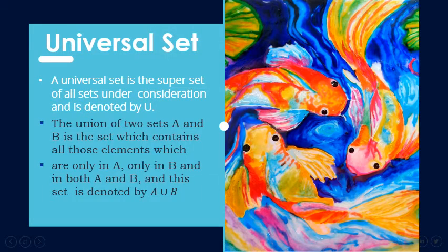Next one, kaya nga natin mabalaan is the universal set. A universal set is a set of sets under consideration and is denoted by U. The union of two sets A and B is the set which contains all those elements which are only in A, only in B, and in both A and B, and this is denoted by A union B. So, for example, may ara ka set nga composed of A, E, I, O, U. So, kabalo kita nga vowels na sila tanan.